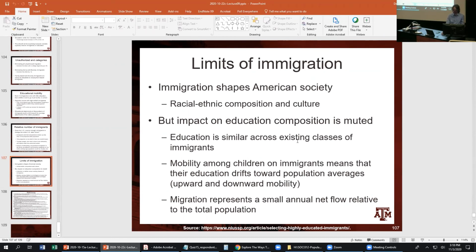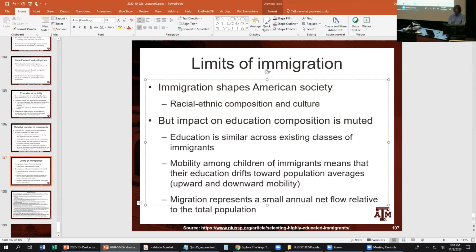Education is similar across existing classes of immigrants, and mobility among children of immigrants means that their education drifts towards population averages.